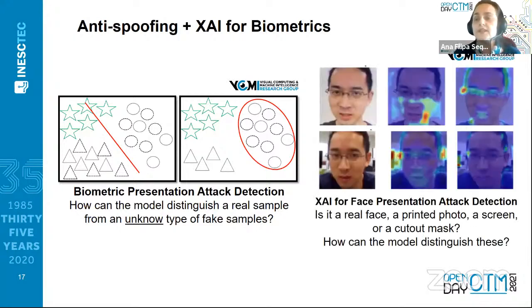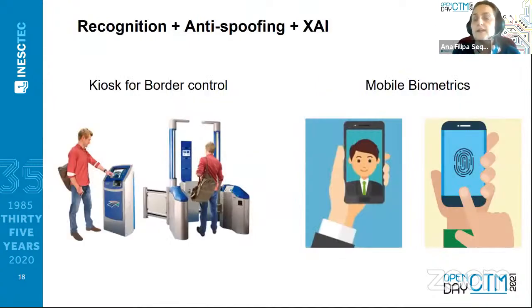Also, if we are able to explain the decisions to the user by explainability of AI for biometrics, we can also increase the trust in the systems and the acceptability from the user. So this can also be applied in mainstream applications nowadays, like border control, where the recognition, the anti-spoofing, and the explainability need to be done all at the same time, or in mobile biometrics.